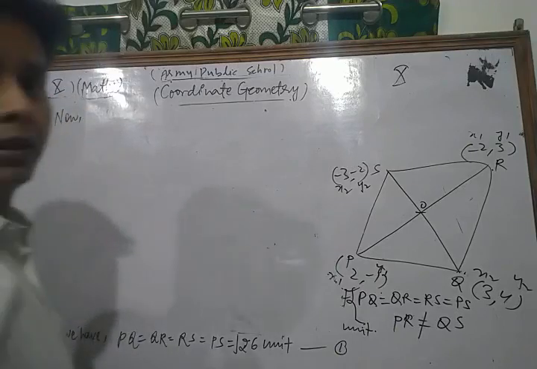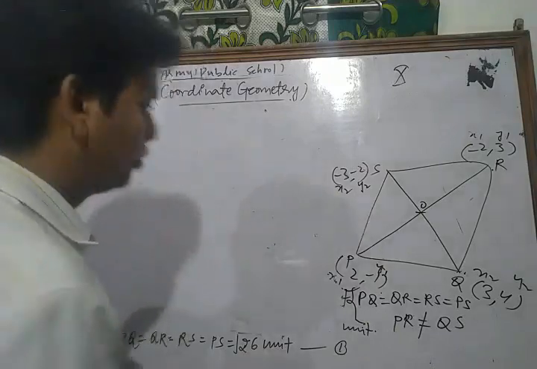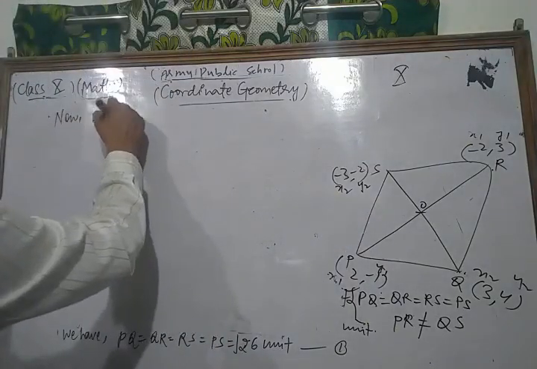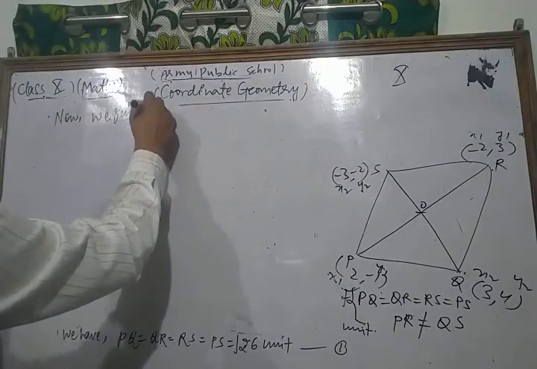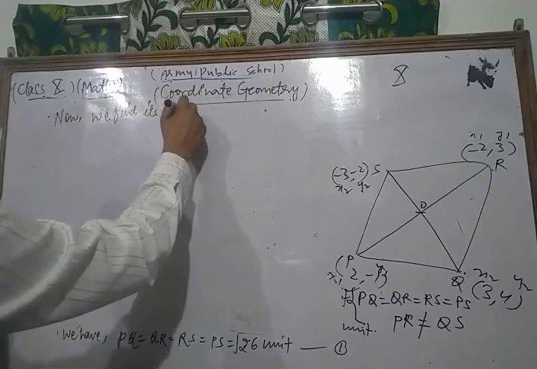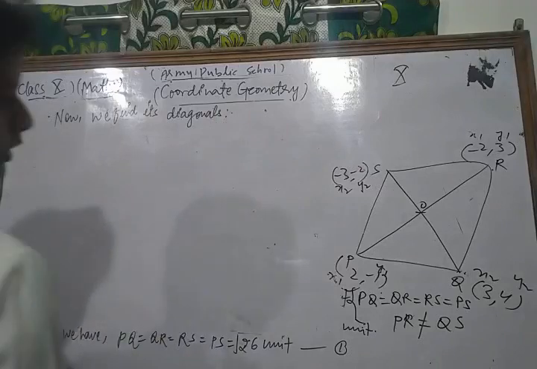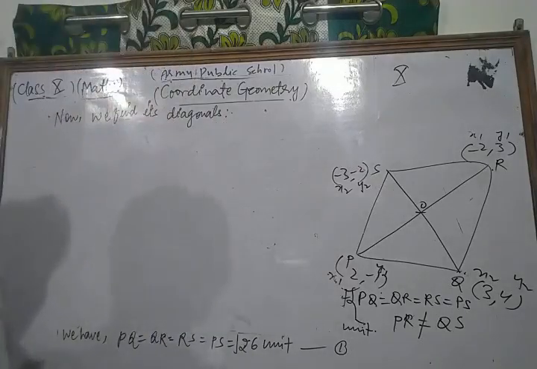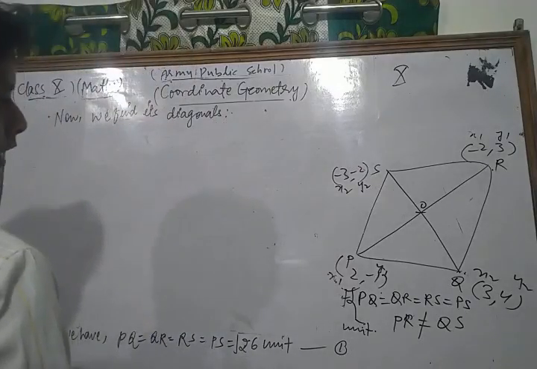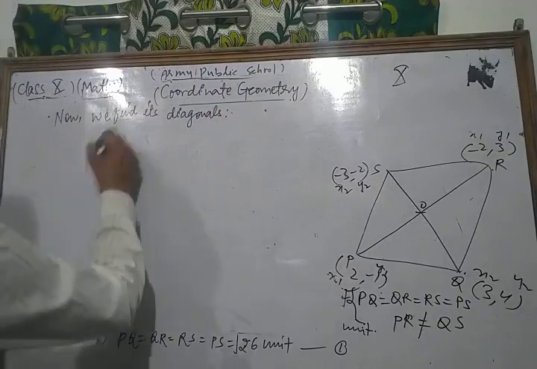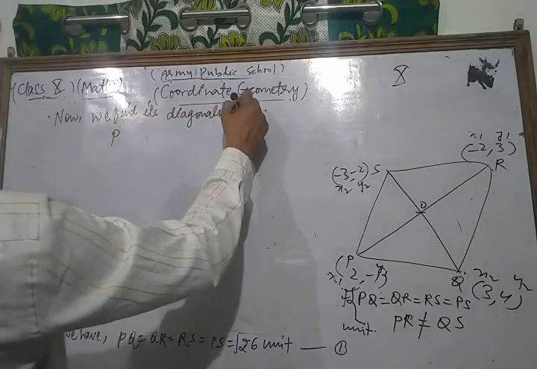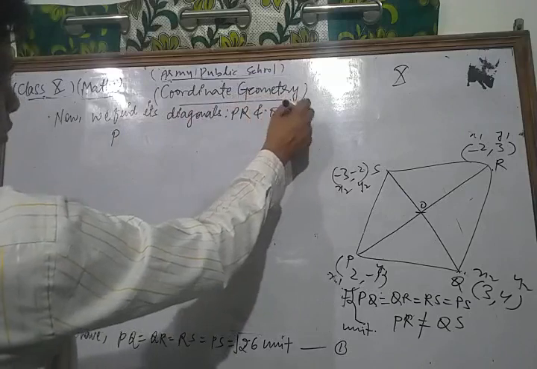Now what do we find? We find its diagonals. First of all we find PR, diagonals PR and QS.